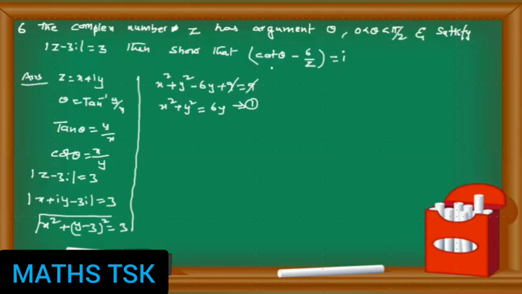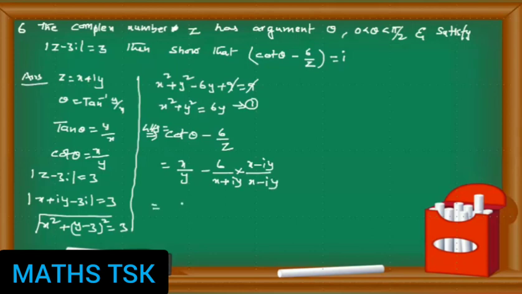Now we move on to the problem. What is given is cot theta minus 6 by z, that is LHS. I take this as LHS. Cot theta value is x by y minus 6 by x plus iy. Z is x plus iy. So multiply and divide with x minus iy.